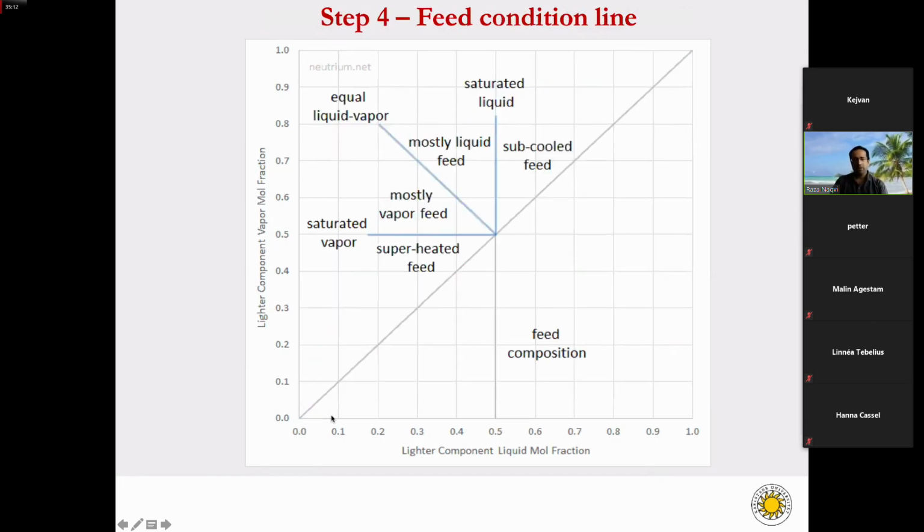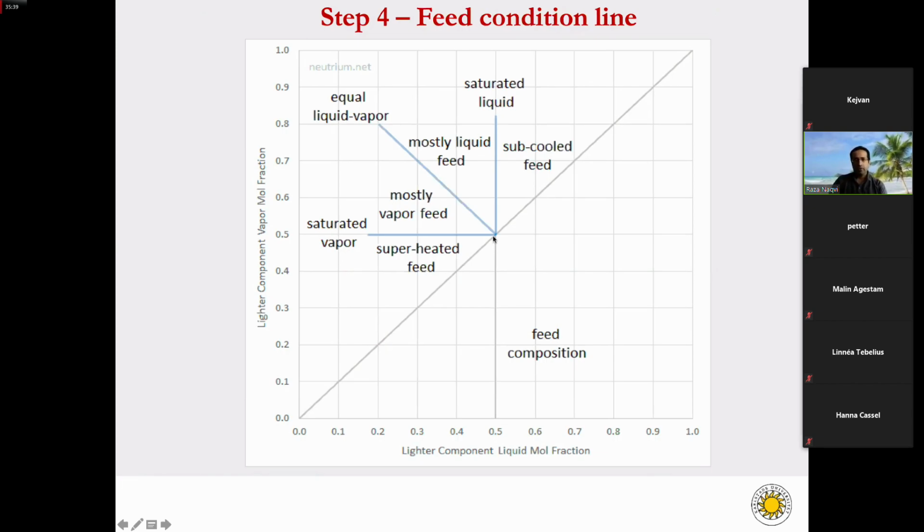Now there will be a question about the quality of the feed. Either the feed is in the liquid phase, or the feed is in the vapor phase, or the feed is in equal liquid and vapor phase. So you have to find the quality of the feed. If the feed is 100% liquid or saturated liquid, we just draw a vertical line like this.